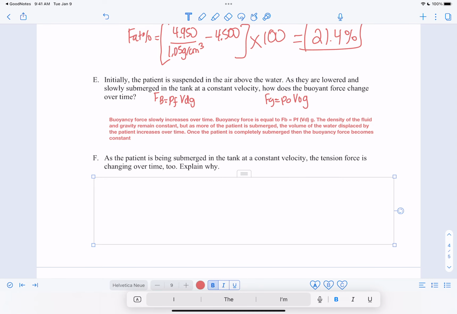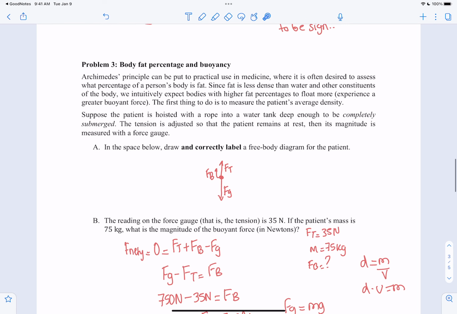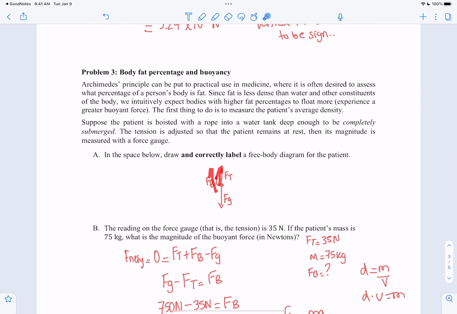So Ft plus Fb. Remember when we said earlier that you have two forces pointing in the y direction? They have to cancel out to equal Fg in the opposite direction. So if that buoyancy force keeps increasing to a certain point, let's say the force of gravity is 500 newtons, and the buoyancy force went from 0 newtons, because it was suspended in the air, to 100, to 200, to 300, for example.